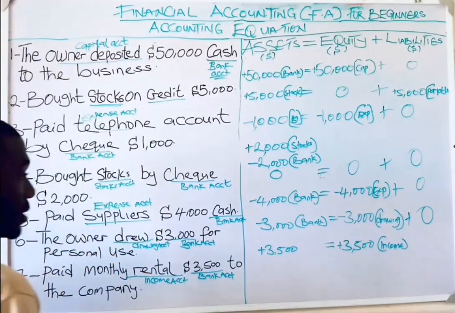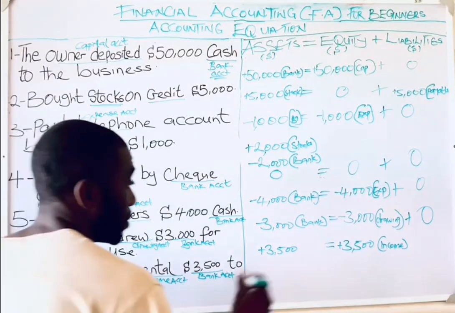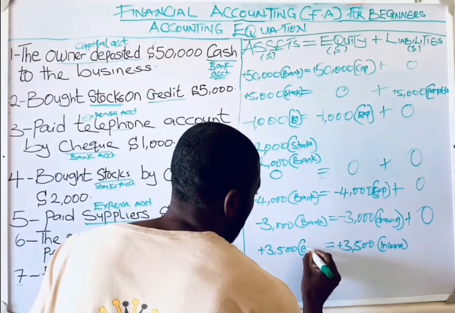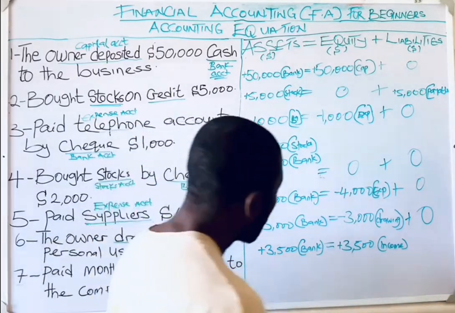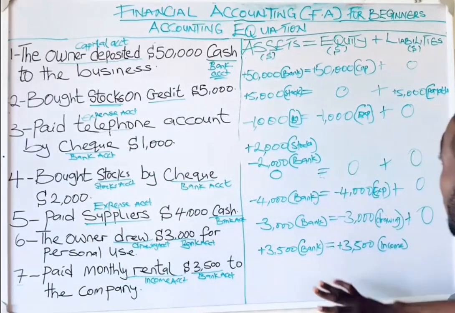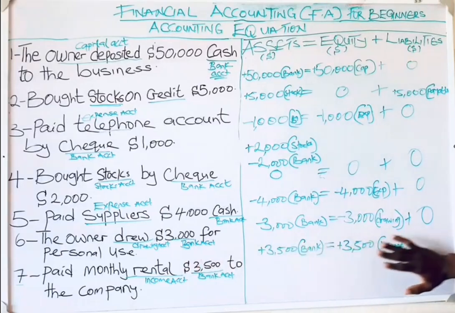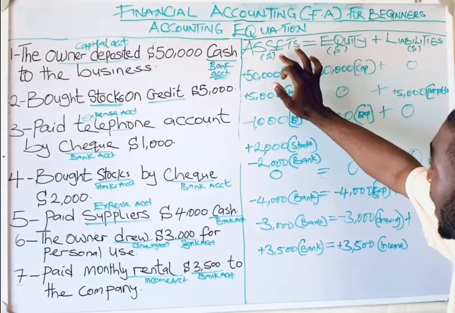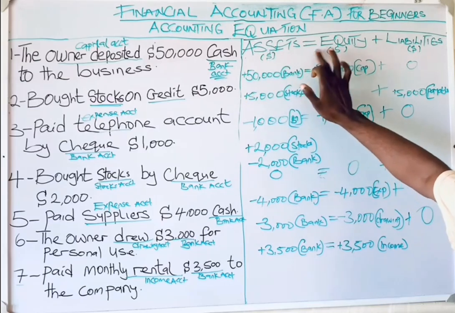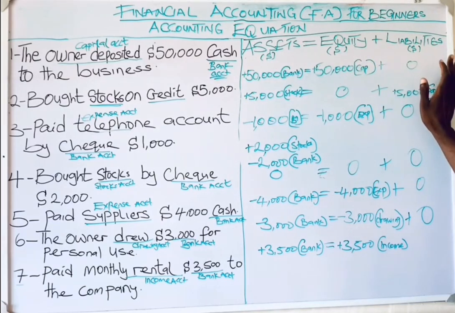It increases the bank account. Here is the narration is bank. So if you look at it, all the transactions are balanced and confirming the assets equals to equity plus liabilities.